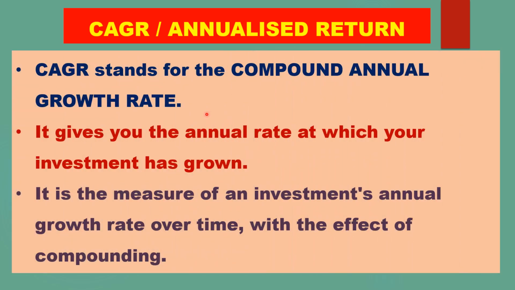Now, what is CAGR? It stands for the compound annual growth rate, that is annualized growth rate with the compounding effect. How much it has grown annually, in average years.